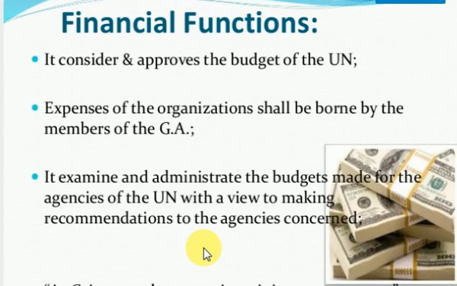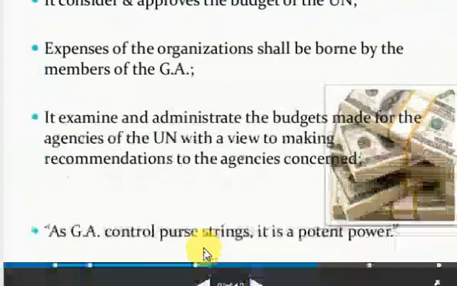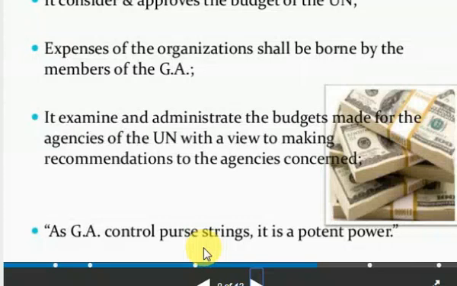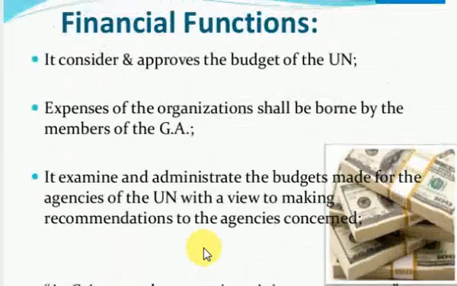It examines and administers the budgets made for the agencies of the UN with a view to making recommendations to the agencies concerned. As the General Assembly controls the purse strings, it is a potent power.